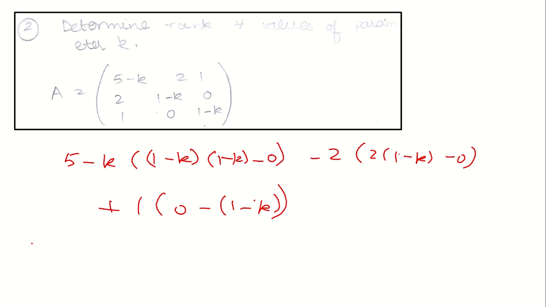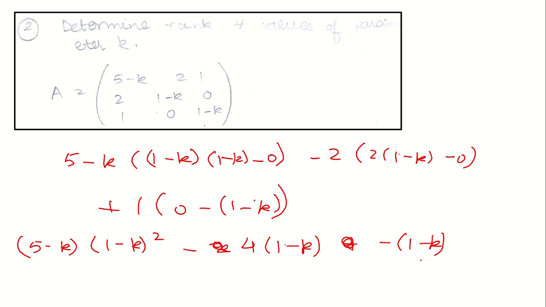Okay, and this would be equal to (5 minus k) into (1 minus k) whole square, minus 4 into (1 minus k), okay, plus, rather, minus (1 minus k).